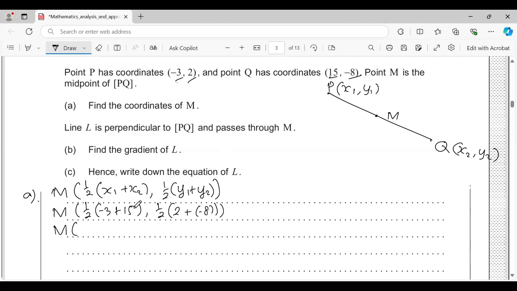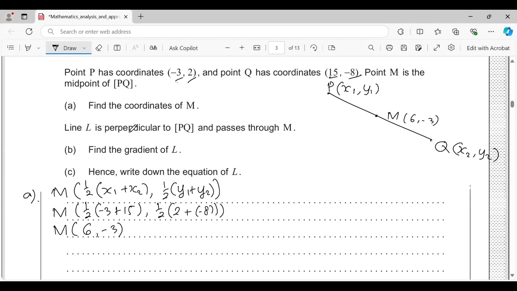M is half times 12, half times -6, which is 6, comma, -3. So M is (6, -3).